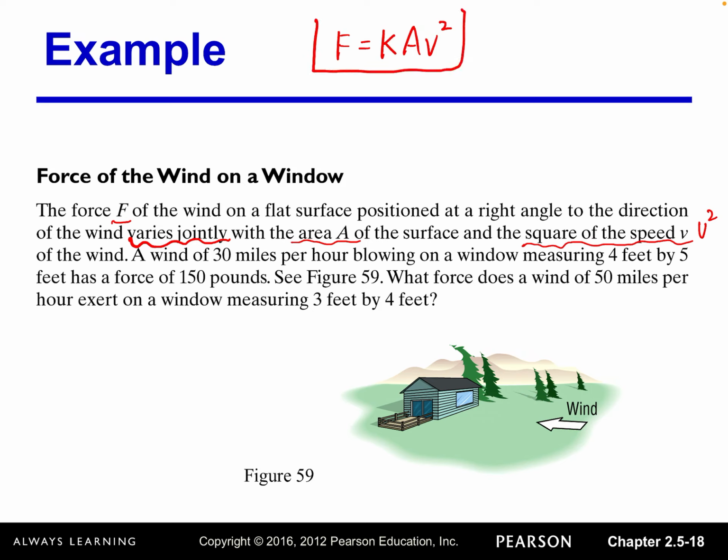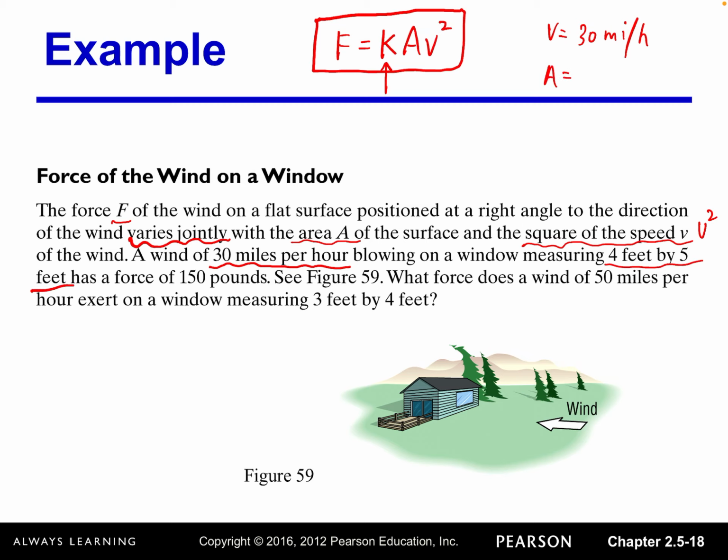This is the combined variation coefficient. So first we write a formula relating those quantities, and then we need to solve for the coefficient K. So the problem must give us one instance. It says a wind of 30 miles per hour, so V equals 30 miles per hour, blowing on the window measured by 4 feet by 5 feet.